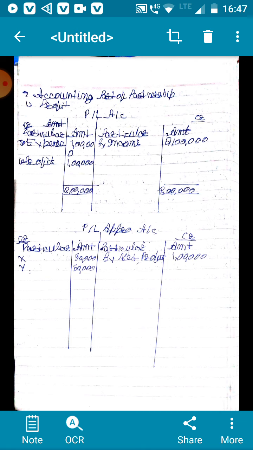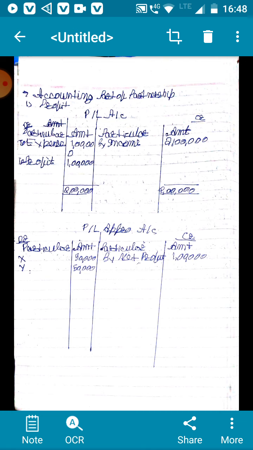Likewise, we will debit all expenses and credit all incomes in the profit and loss account. From the profit and loss account, we transfer the net profit from the debit side of the profit and loss account to the credit side of the profit and loss appropriation account.